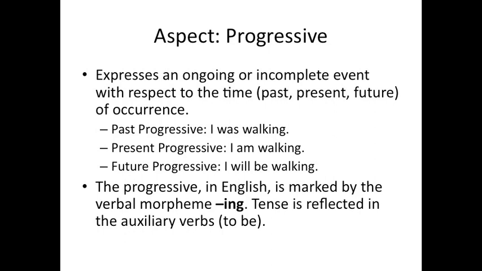So again, just to reiterate, the progressive in English is marked by the verbal morpheme -ing, and then the tense is reflected in the auxiliary verbs. So in this case, "to be": was, am, and will be.